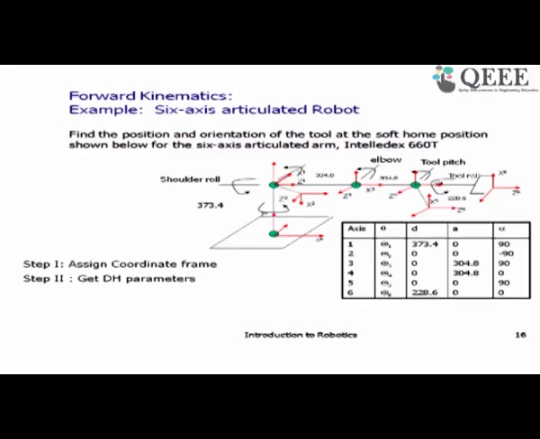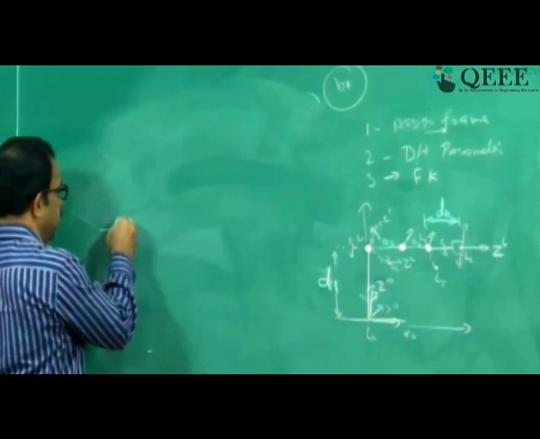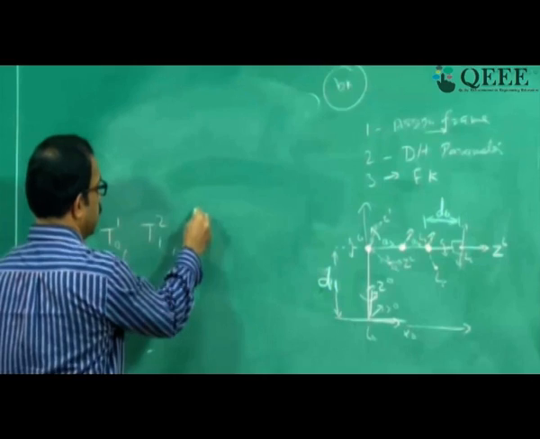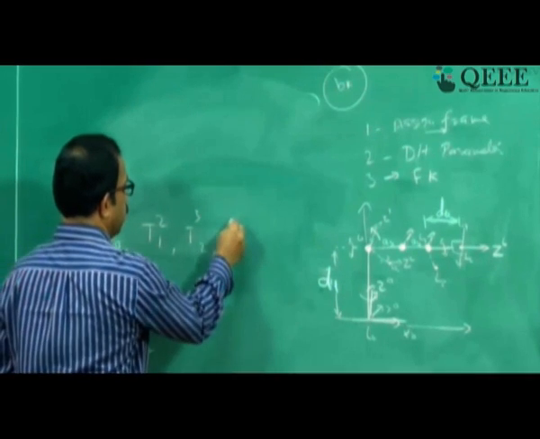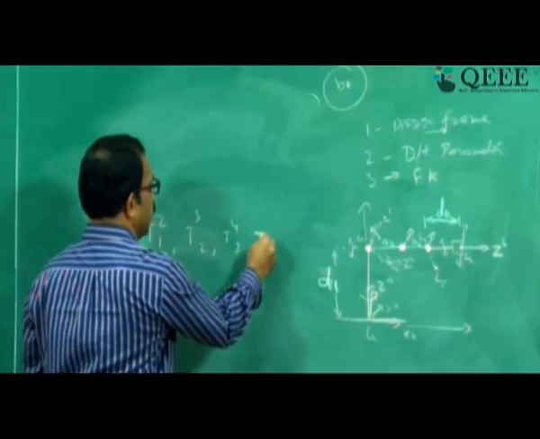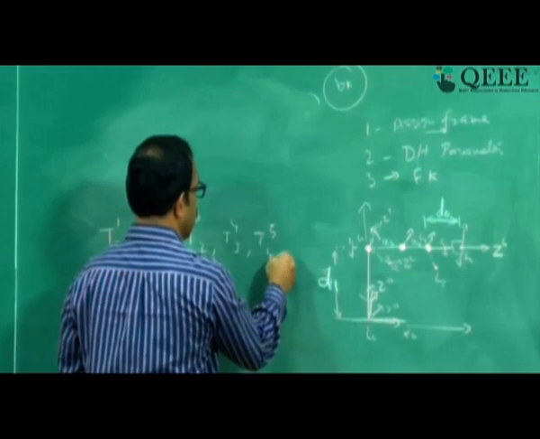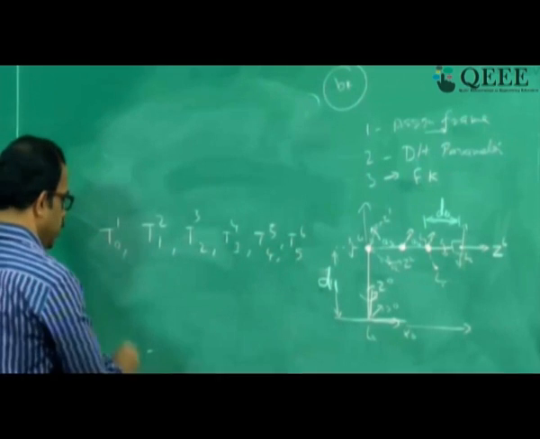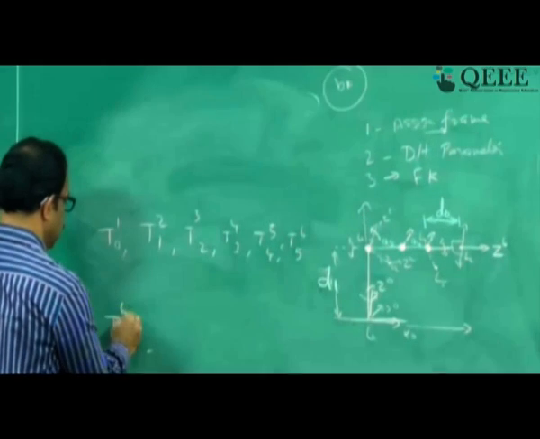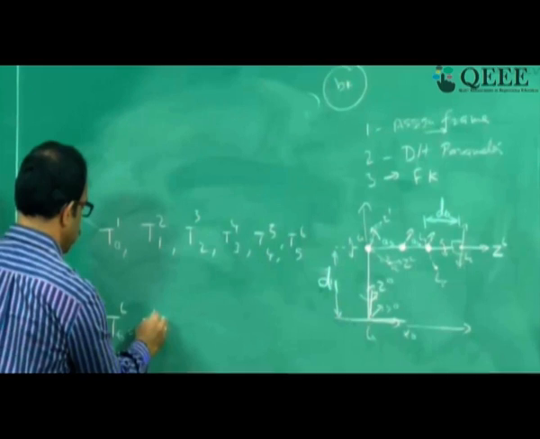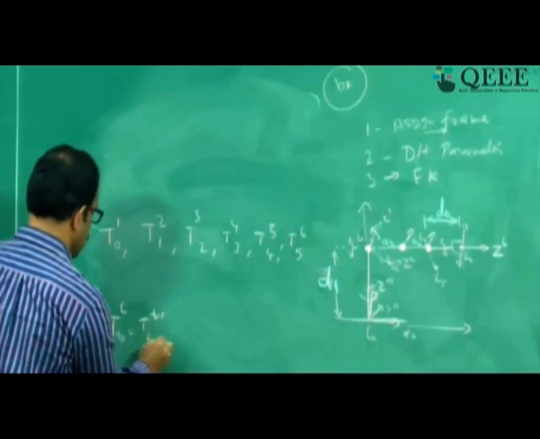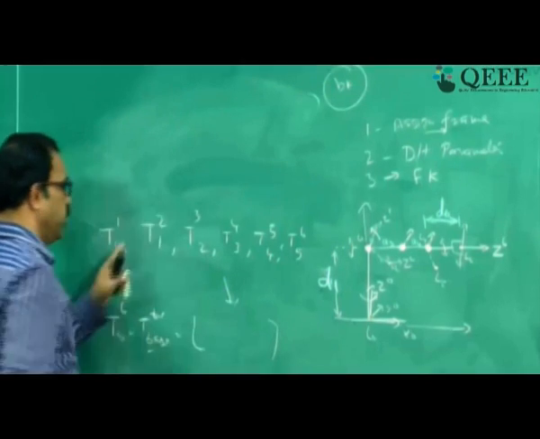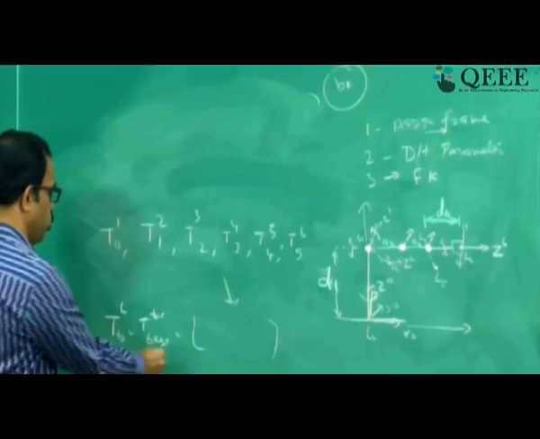So you find out all the arm matrices, T1 to 0, T2 to 1, T3 to 2, T4 to 3, T5 to 4, and T6 to 5. So you get all these, and you will be able to get T6 to 0, the tool to base, by multiplying all these together.